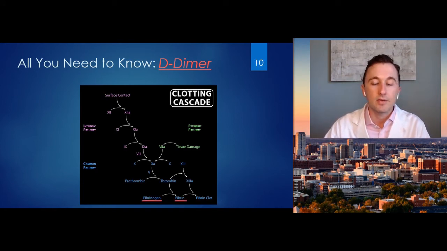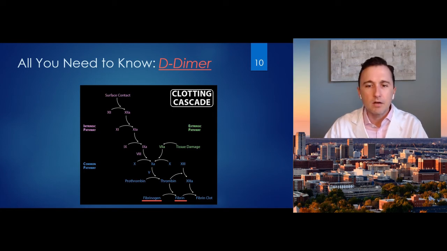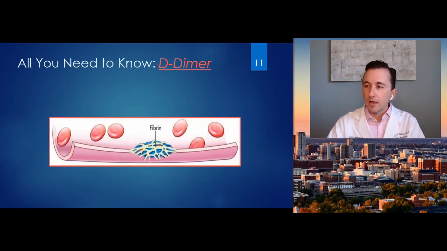Really all you need to know is that ultimately you're going to have formation or conversion of fibrinogen into fibrin. All right. Now, fibrin is what helps form this mesh around the platelets. Okay, so this fibrin mesh that is integrated within the platelet plug, or the formation of this fibrin mesh, is what we call secondary hemostasis.